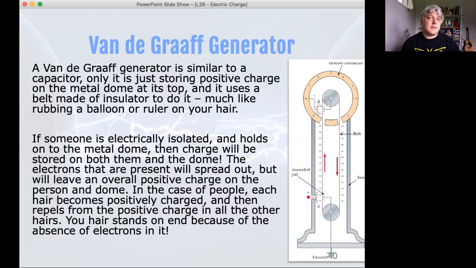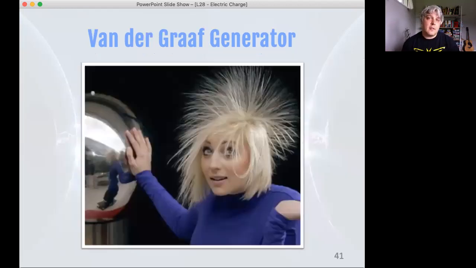And the best place on a human for that to occur is actually in the hair, because the hair can all stand on end and get far away from each other. So that charge distributes itself in the tips of your hair, and your hair all separates and stands on end like that. So that hair is standing on end purely because it has had a bunch of electrons removed from it, leaving it all with positive charge and therefore repelling each other, and so it stands on end.